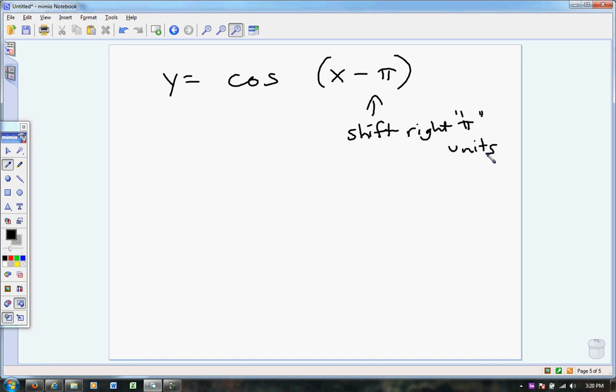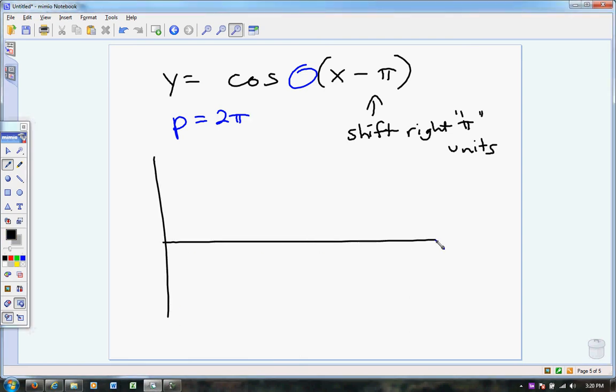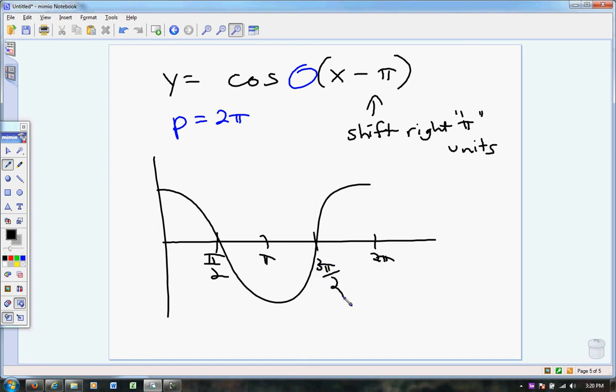In this case, my period is normal since I don't have a number here, so my period is 2 pi. The amplitude is normal. So we would sketch our normal cosine graph, and remember, it normally ends at 2 pi. And this is pi, this is pi halves, this is 3 pi halves.